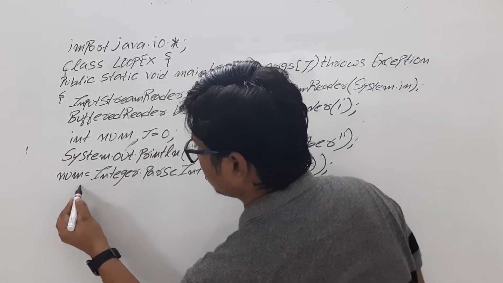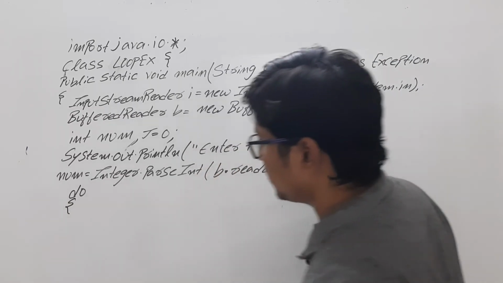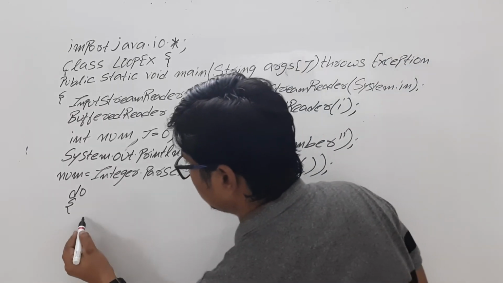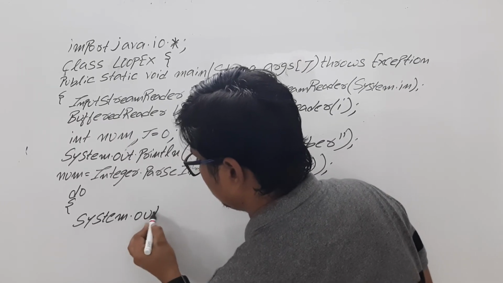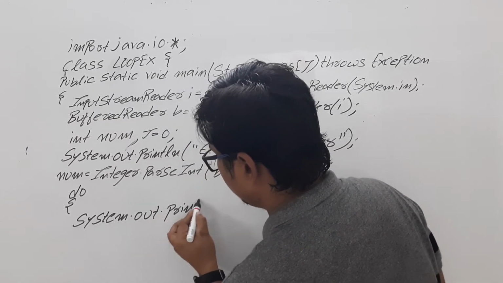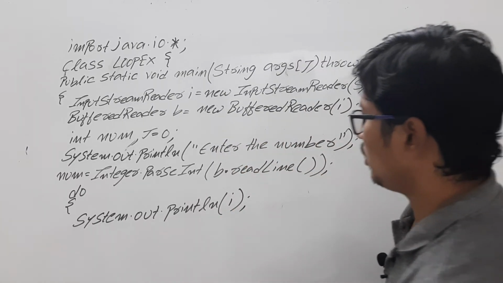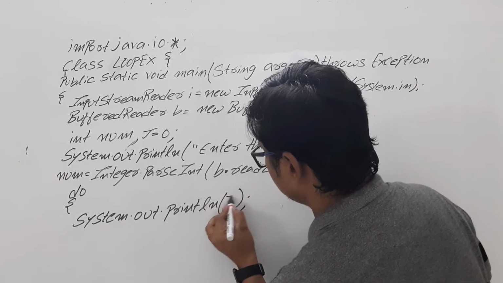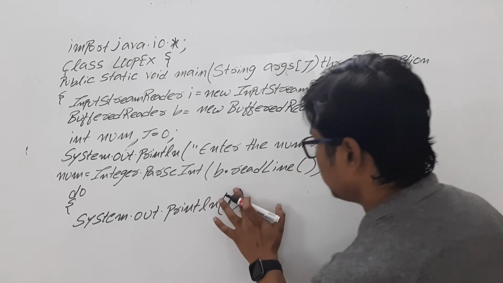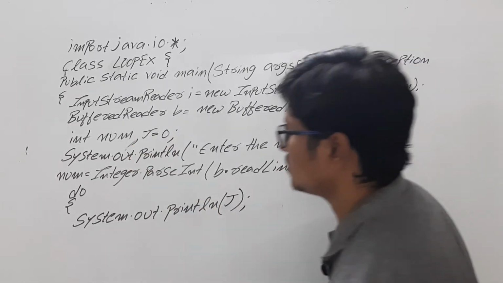Then you can write do. Open the curly braces, you can write System.out.println(j), not i, j, because you have taken this as a j variable.